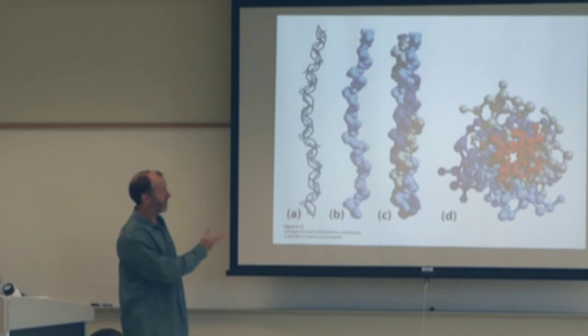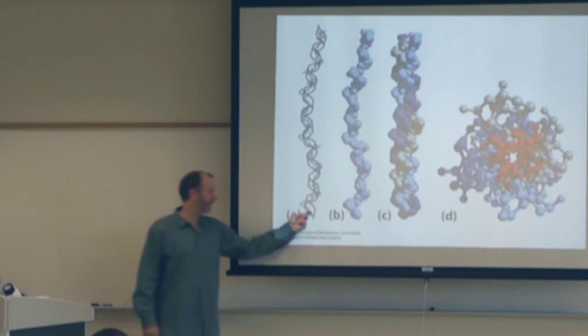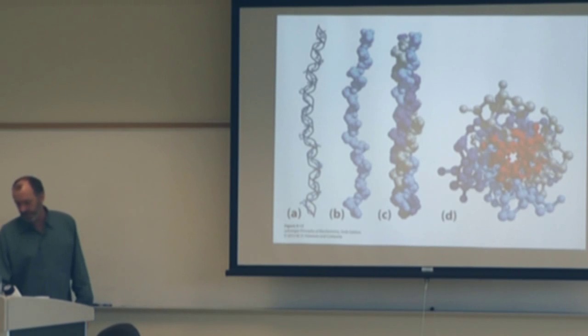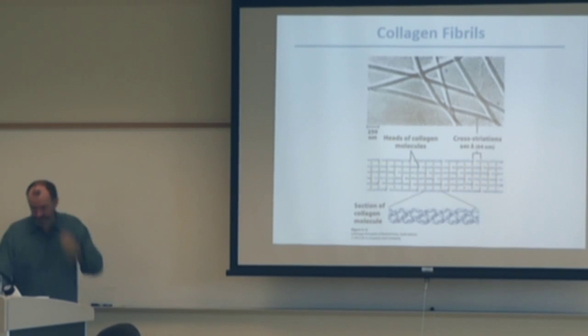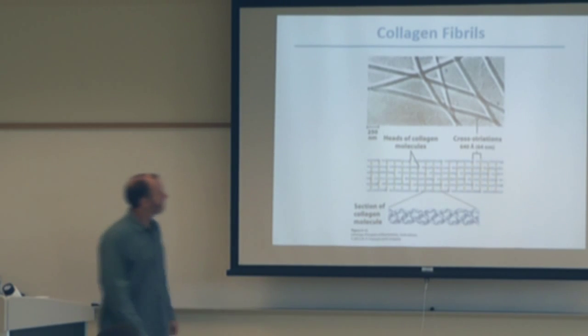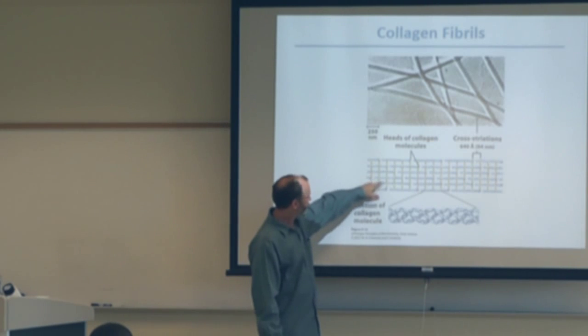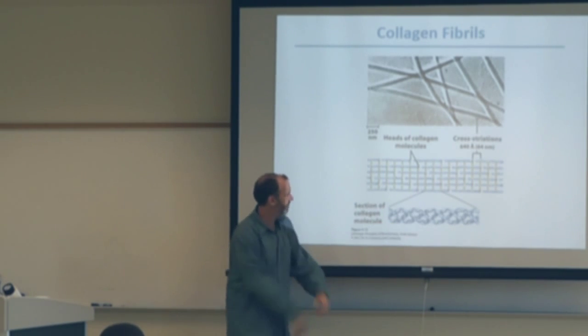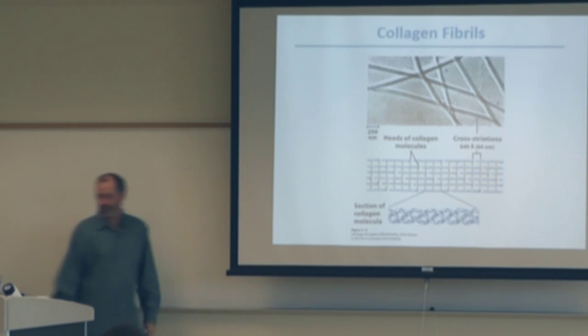And we saw this, your single collagen helix and then your triple helix. And then those triple helices can come together, or you get multiple triple helices intertwined, which makes a very strong collagen molecule.